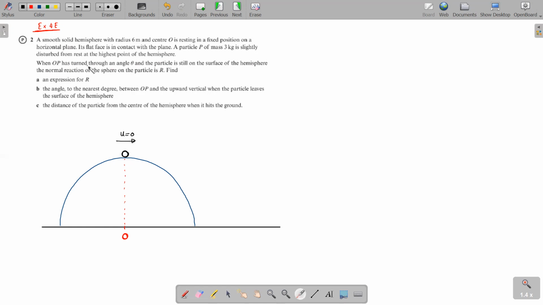When OP, so O and this is the point particle P, when OP has turned through an angle theta, the particle is still on the surface of the hemisphere. So basically somewhere over here.